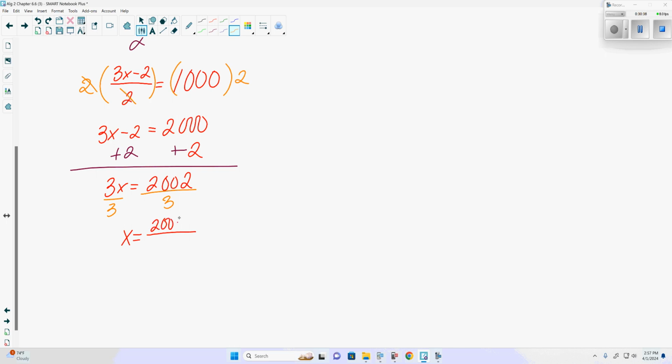No. The easiest way to see if a number is divisible by 3 is to add the digits together. So here we'd have 2 plus 0 plus 0 plus 2, which is 4. If that number is divisible by 3, then the original one is also. 4 is not divisible by 3, so 2002 is not divisible by 3. So that's our final answer.